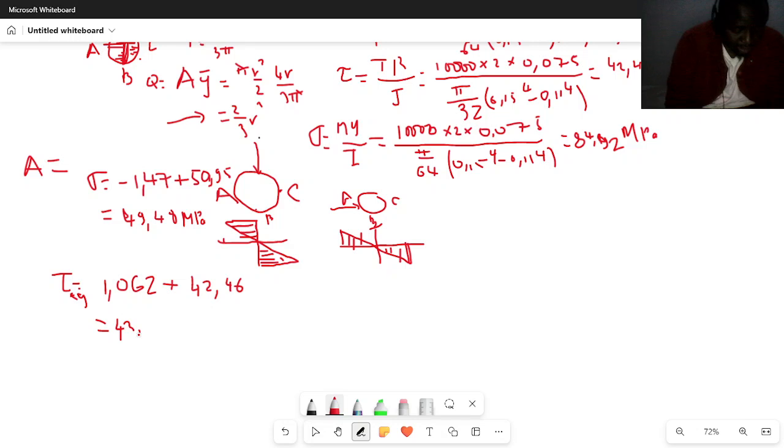So 1.02 plus 42.46 is 43.522. This is what they get as tau xy for A. So now for A, this is everything that you get.